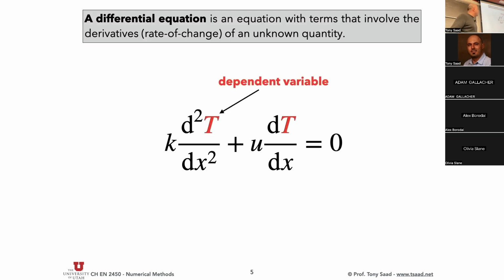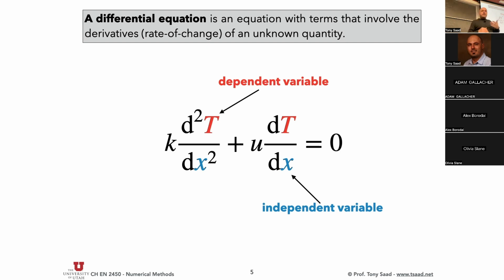The dependent variable is the variable that is always being differentiated. In this case, it's T, or temperature. The independent variable is the variable with respect to which we are differentiating the dependent variable. That sounded weird, but it's the variable in the denominator of the derivatives.